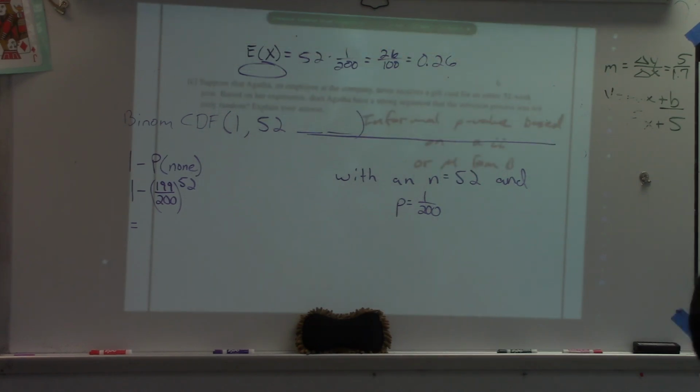Then notice here C. Suppose that Agatha, an employee of the company, never receives a gift card for an entire 52-week year. Based on her experience, does Agatha have a strong argument that the selection process was not truly random?